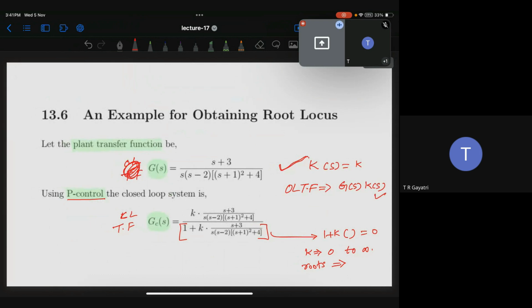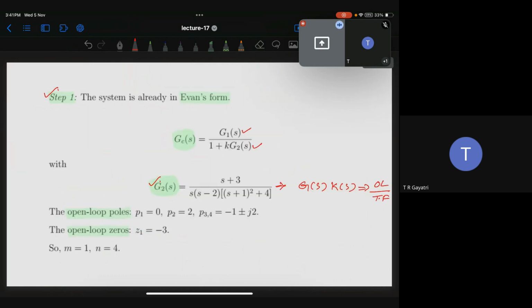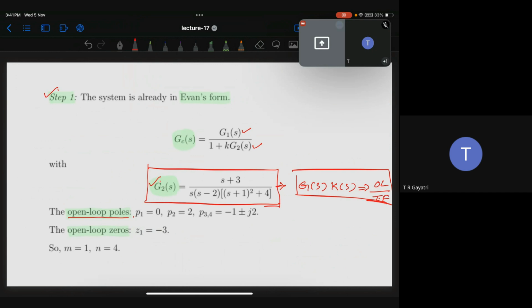If you write it, you'll get that only. So this is the starting point for the root locus, that means the open loop transfer function only. Yes, sir. So first we find the open loop poles and zeros. What are the open loop poles? 0, 2, then -1 plus or minus 2j, roots of this equation.